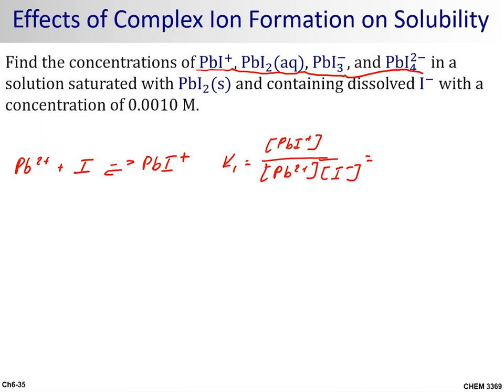And its numerical value is 1.0 times 10 to the second. So we have K1. We do know the concentration of I minus. It's 0.001. But in order to calculate the concentration of PbI+, we need K1, right? We also need the concentration of Pb2+.